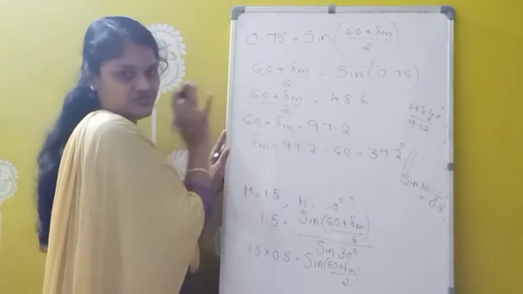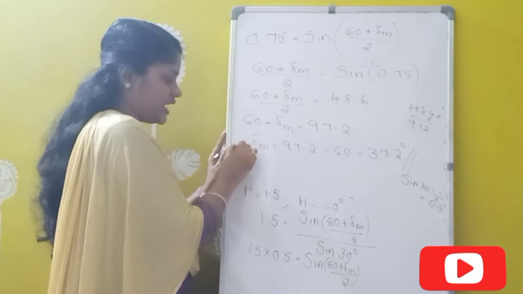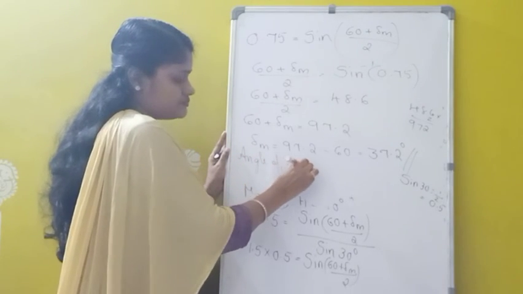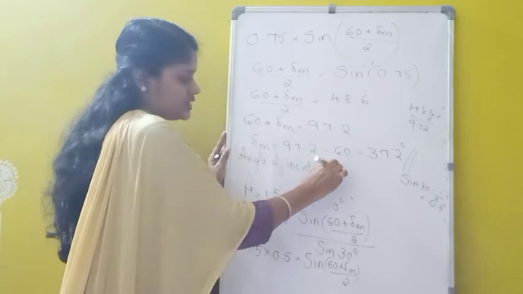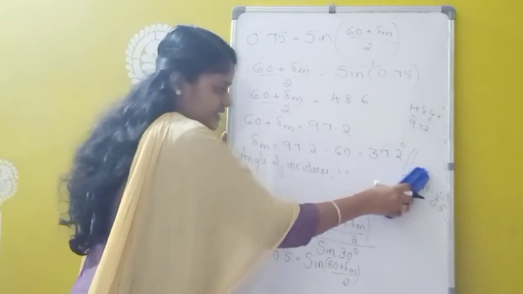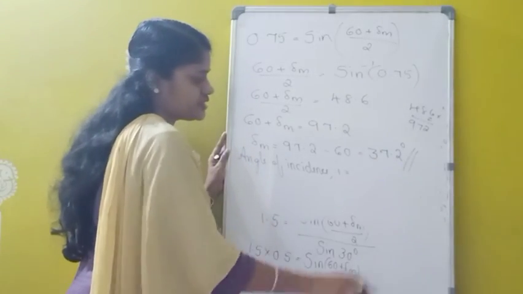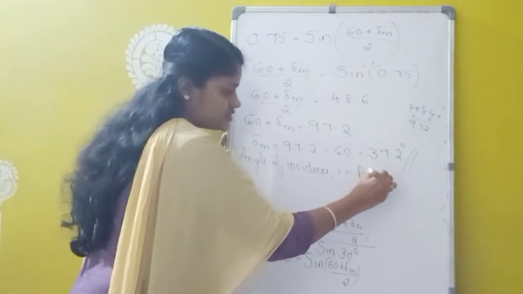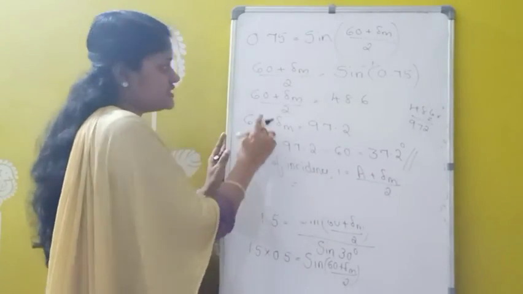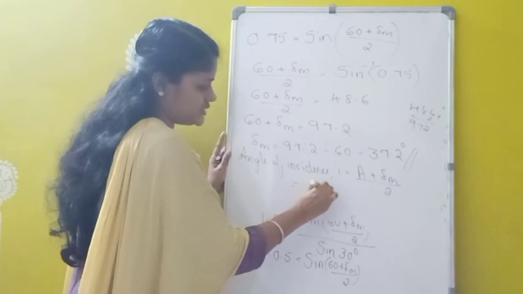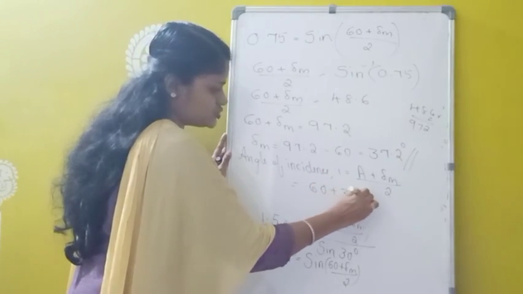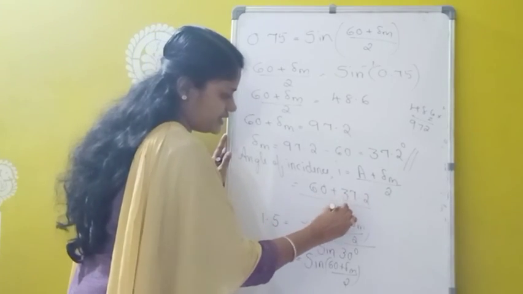Okay, so the first part we found. Next, what you have to find is the angle of incidence i. So i equals, what is the formula? (A plus delta m) by 2, that is, A plus delta m the whole divided by 2. That is equivalent to the angle of prism 60 plus delta m 37.2, the whole divided by 2.